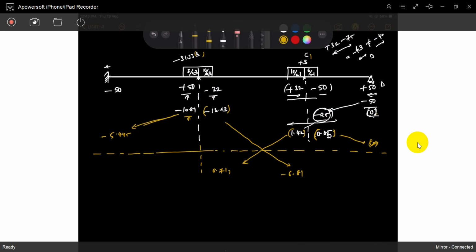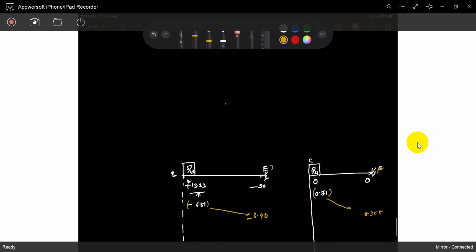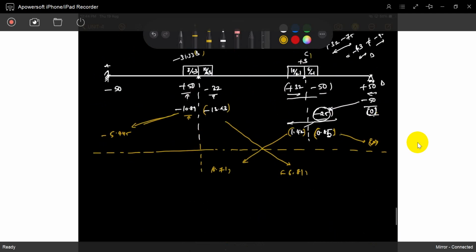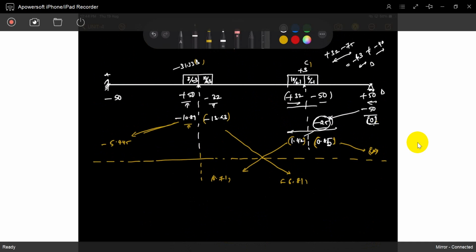If you consider these are very small, up to this, these are balanced. Now we can observe it's balanced. But if you consider this value, again an unbalanced moment will come. Are you understood?